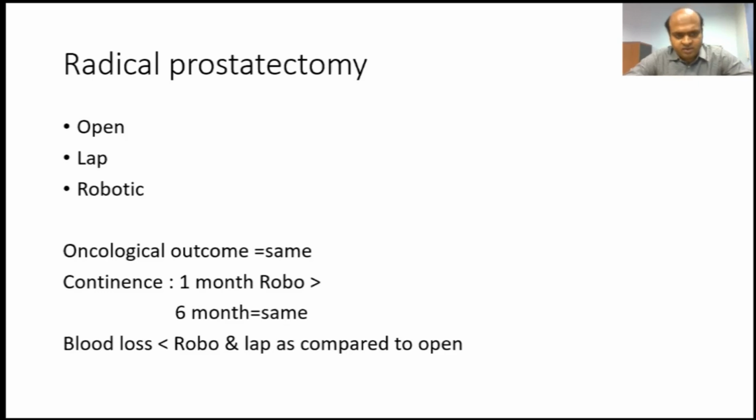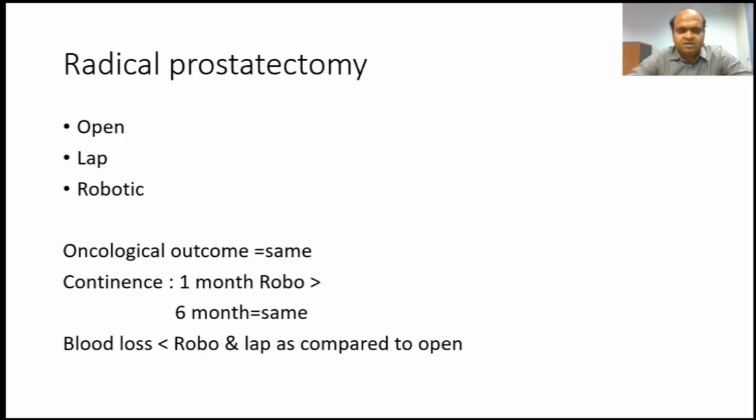However, if you talk about the outcome of radical prostatectomy and compare all three modalities, the oncological outcomes are more or less the same. The urinary continence following radical prostatectomy is better in the early postoperative period with the robotic approach.